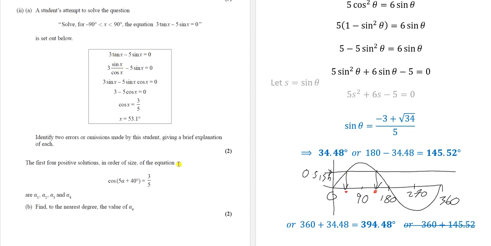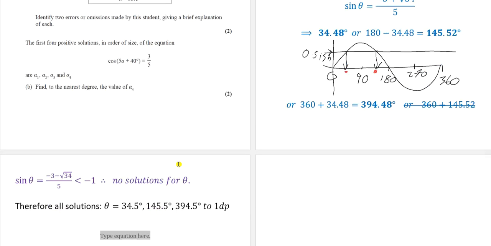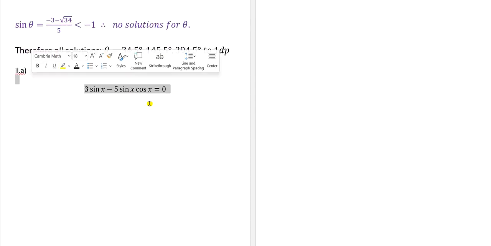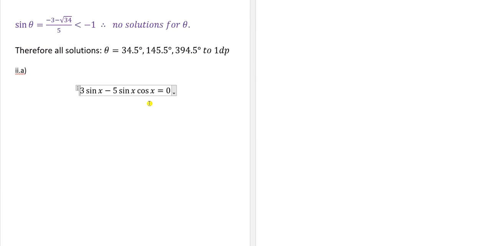We've got 3 sine x minus 5 sine x cos x equals 0. Now, on the very next line, our student has lost sine x from here and from here.